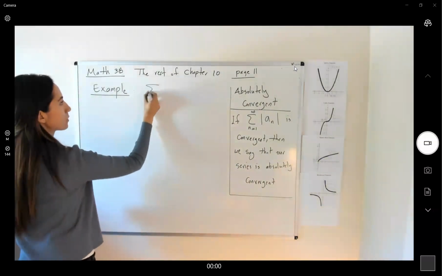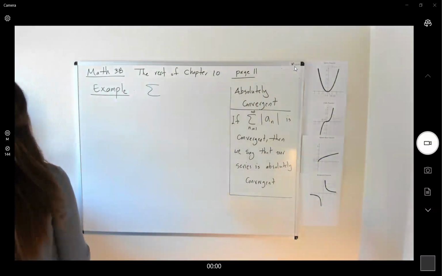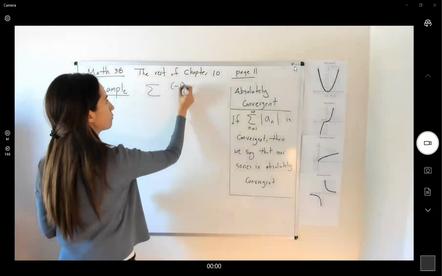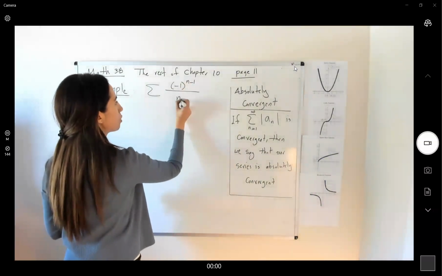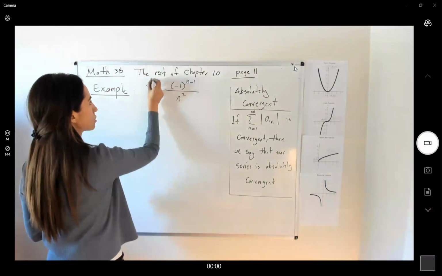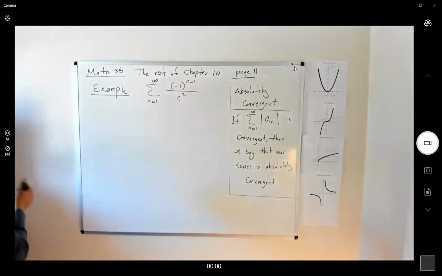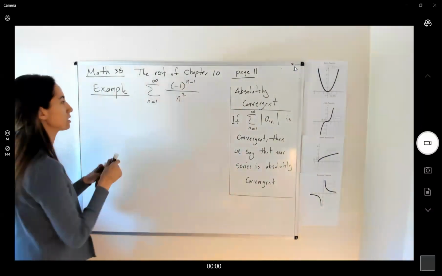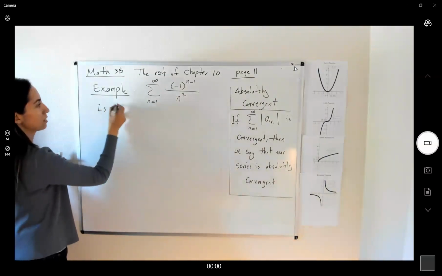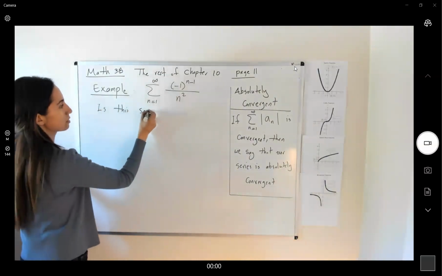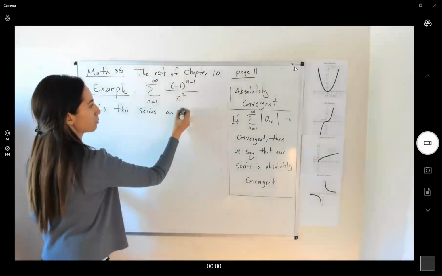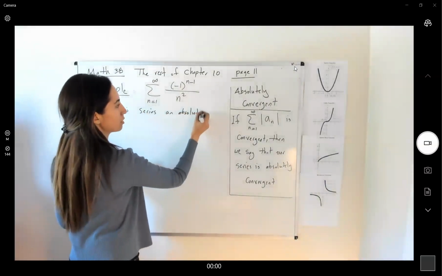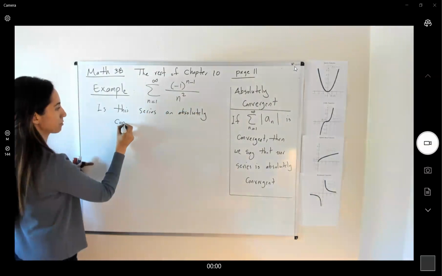Example, consider this series: the sum of (-1) raised to n minus 1 over n squared, from n equals 1 to infinity. Is this series absolutely convergent?